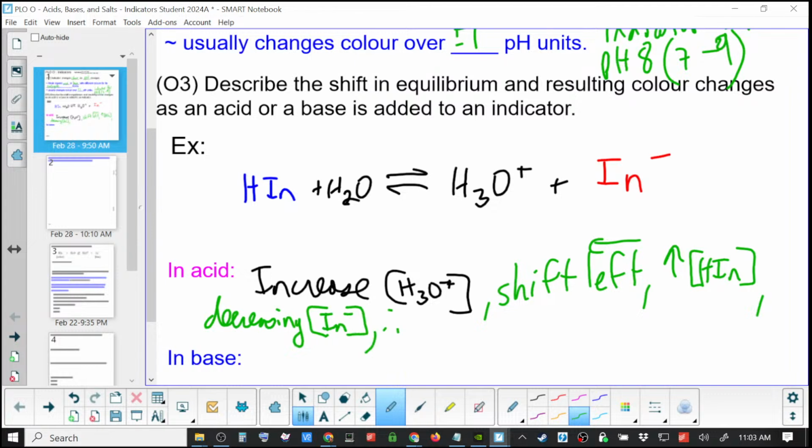Therefore, blue. Of the indicator, we would say this is the acid form, and this is its base form.